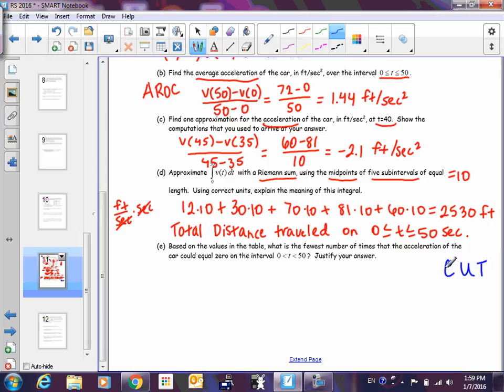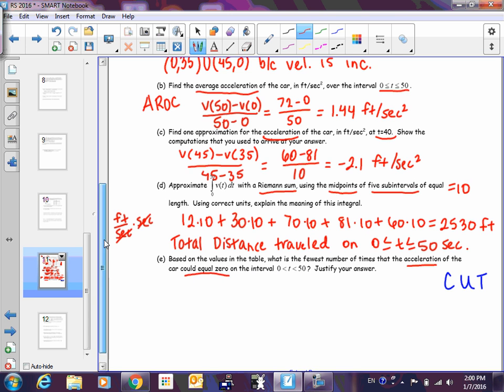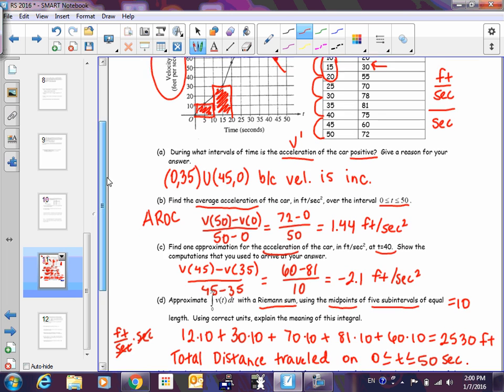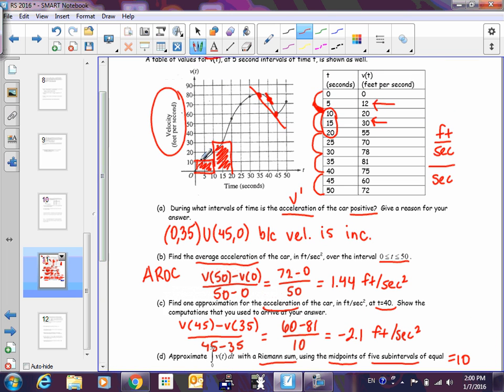Okay. E. Last question. Based on the values on the table, what's the fewest number of times that the acceleration could equal 0 on this interval? So it says to use the table, and we could, but it's actually a little bit easier to use the graph.